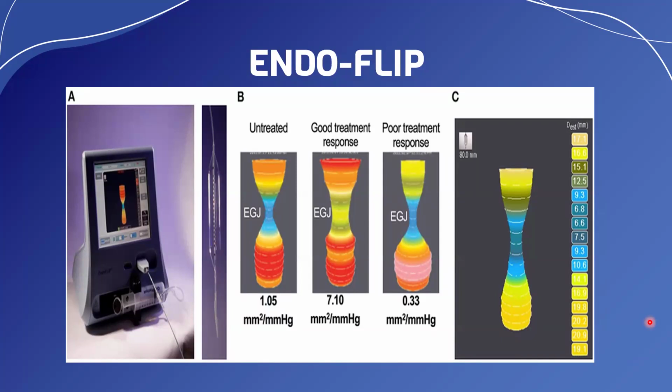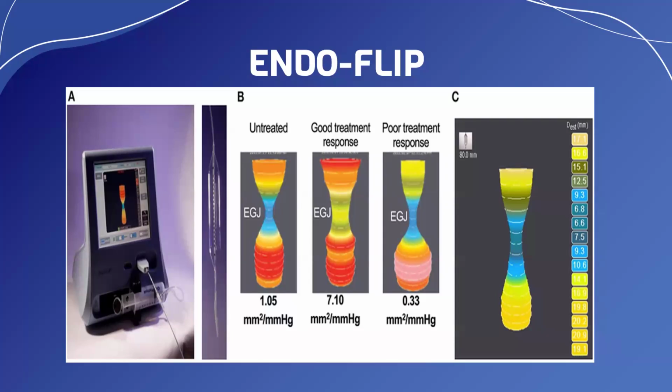Then the balloon is inflated stepwise from 20 to 40 or 60 ml, and the impedance is measured. The key parameter is the esophagogastric junction distensibility index, denoted as DI. A normal DI is more than 3 millimeters squared per mmHg, which indicates adequate esophagogastric junction opening.